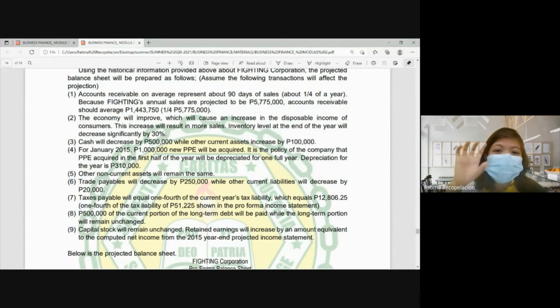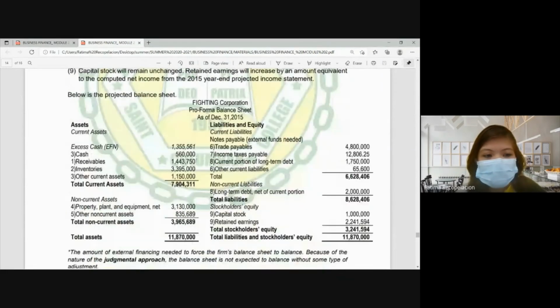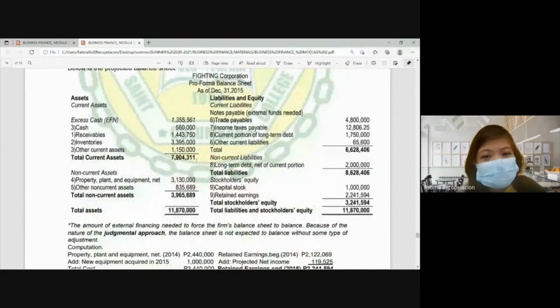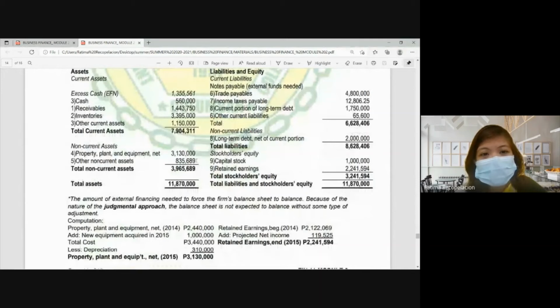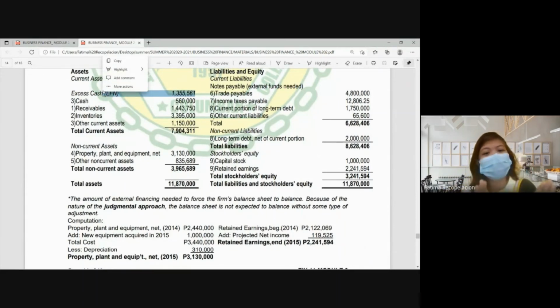So that's why we use EFN, that is the additional value needed to balance our asset side and the liabilities and stockholders' equity.